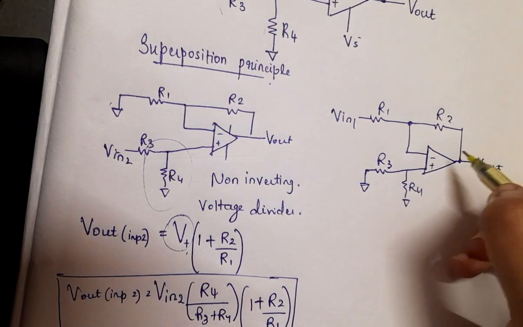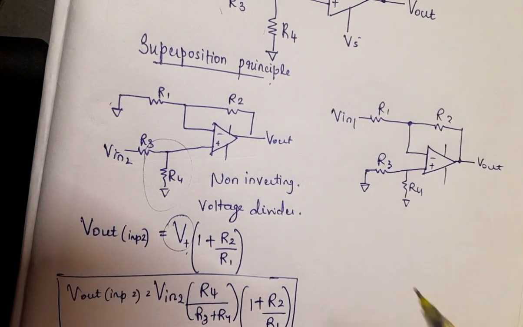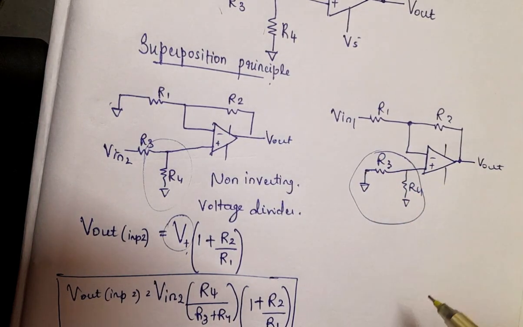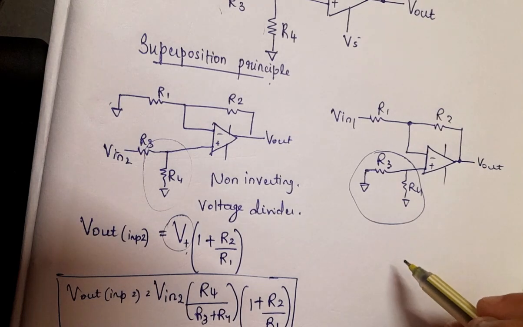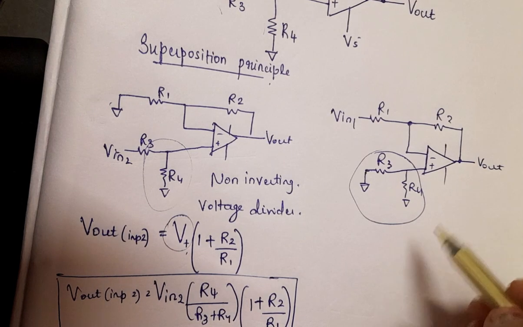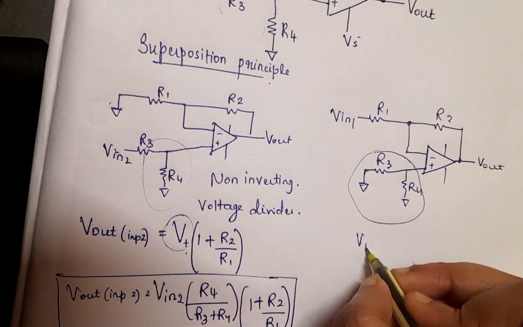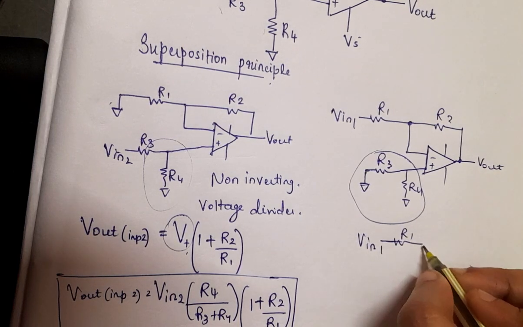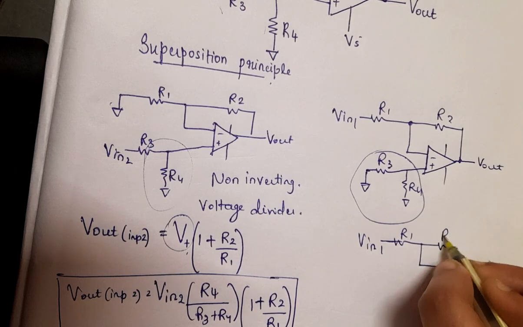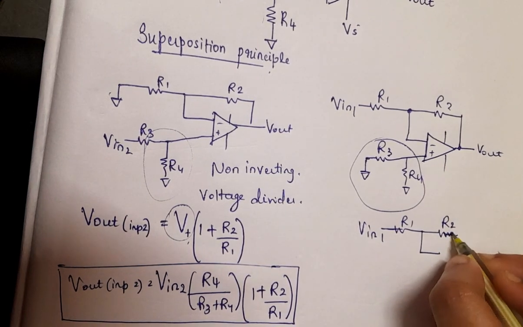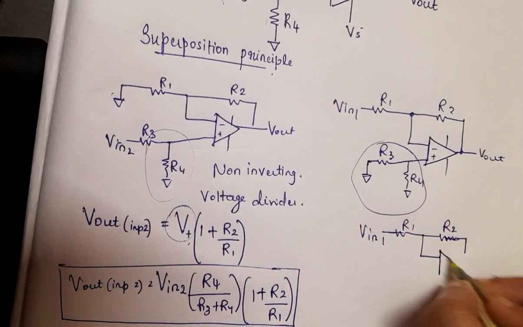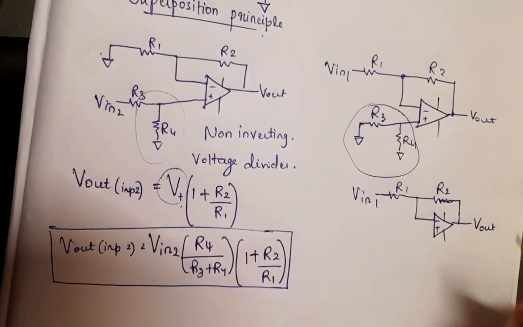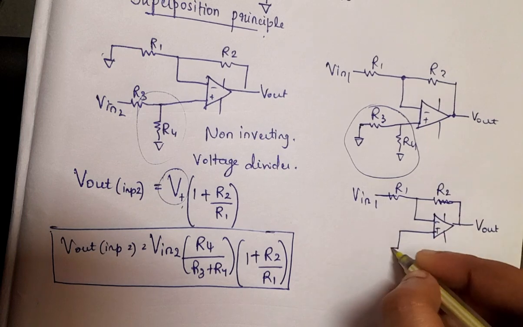Now what happens is this R3 and R4 won't have any effect, that is this terminal can be directly grounded, and now I am redrawing the circuit by directly grounding that terminal. That is, only Vin1 is being acted, and now this circuit is nothing but the inverting op-amp, we can directly ground this non-inverting terminal.